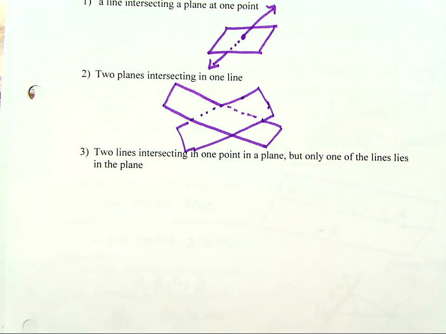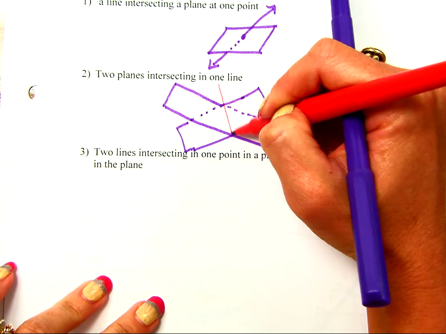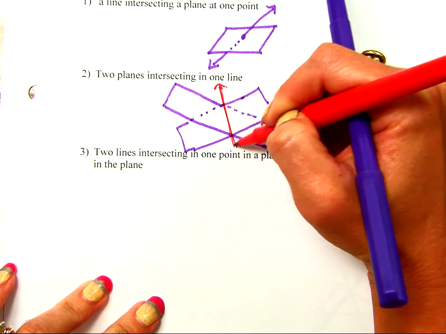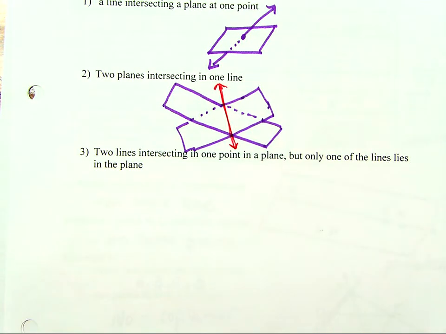I have my two planes intersecting, and where they would crisscross would be this red line right here. And again, kind of tricky to draw, but just do the best that you can.